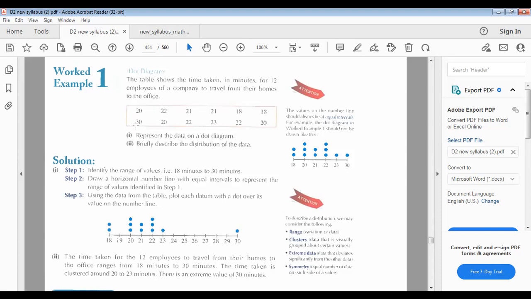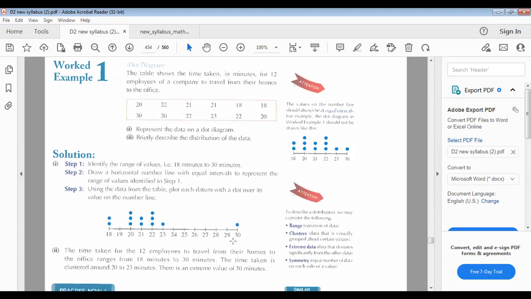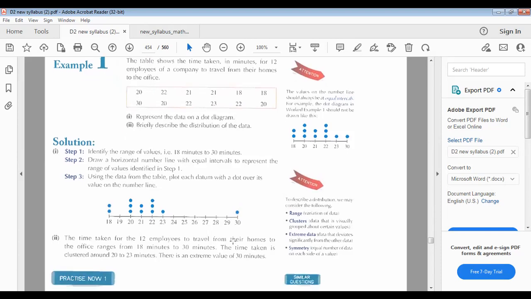So it means that there are two people who take 18 minutes from home to the office, three people who take 20 minutes, two people who take 21 minutes, three people who take 22 minutes, one at 23 and one at 30. So it's all about how we represent the data on a dot diagram.